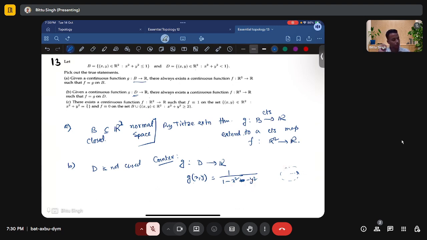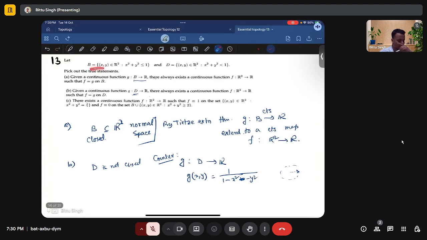Therefore, we cannot extend G to the whole R. Because if so, that should be bounded. Otherwise, there is no limit. So we cannot extend it, even in the closed disk.